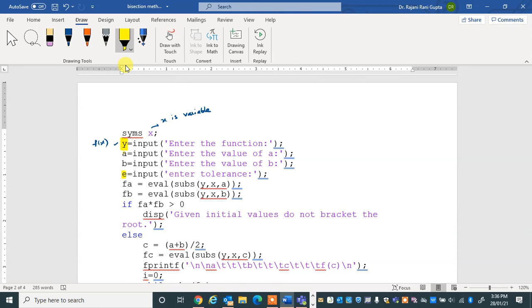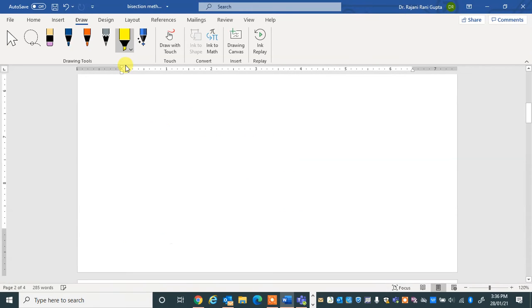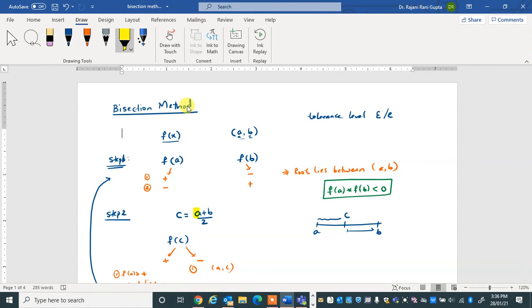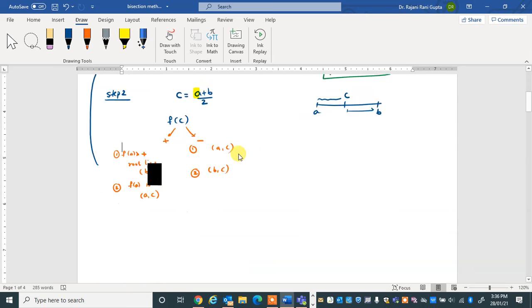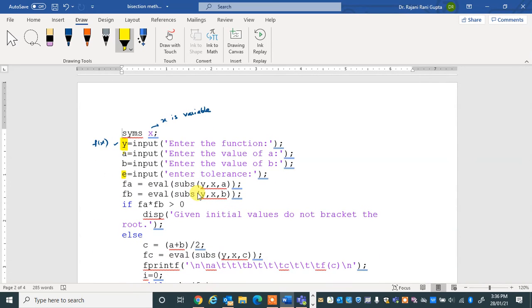Now what is the next step? The next step is to calculate the value of the function at A and B. So for that, FA is equal to EVAL. EVAL is a command for evaluate.